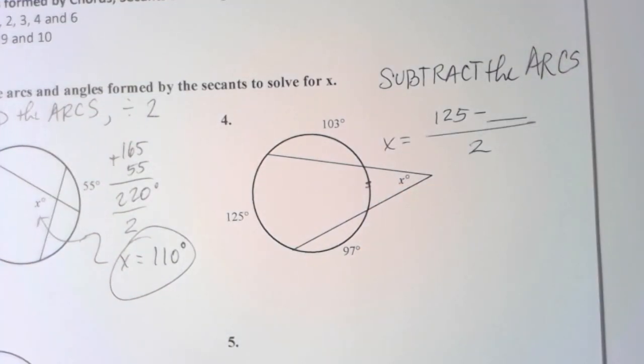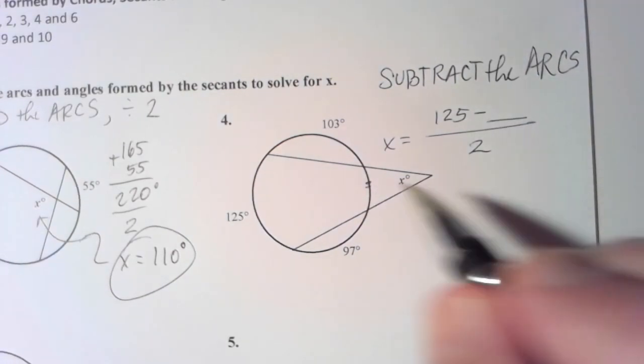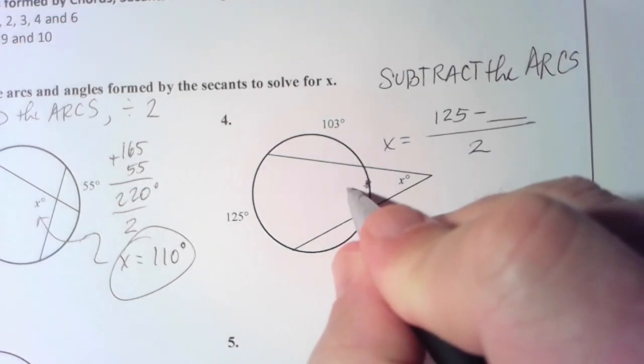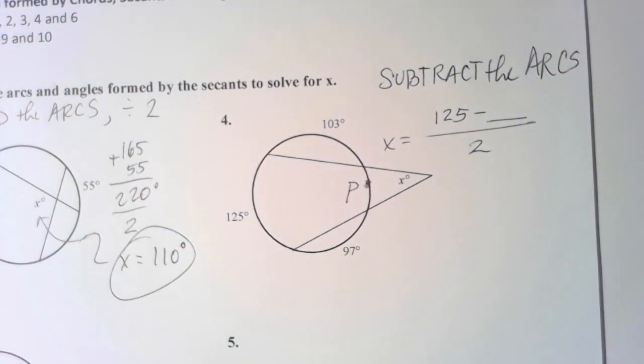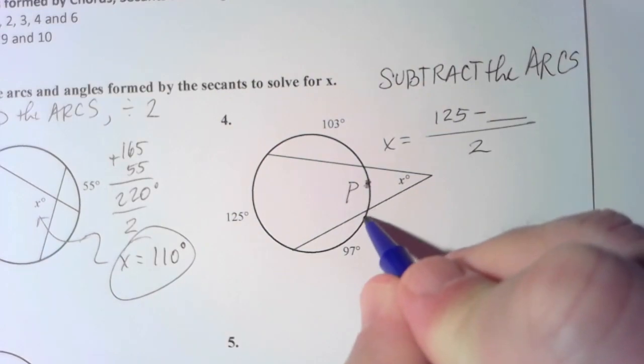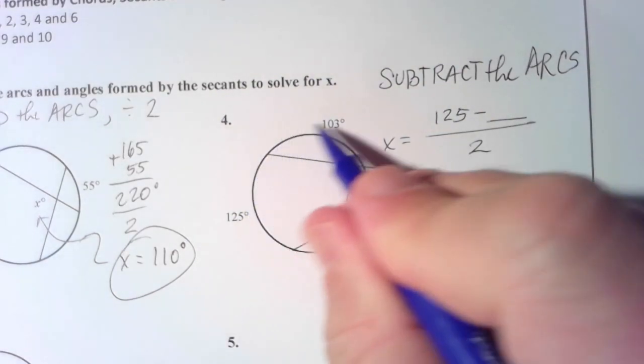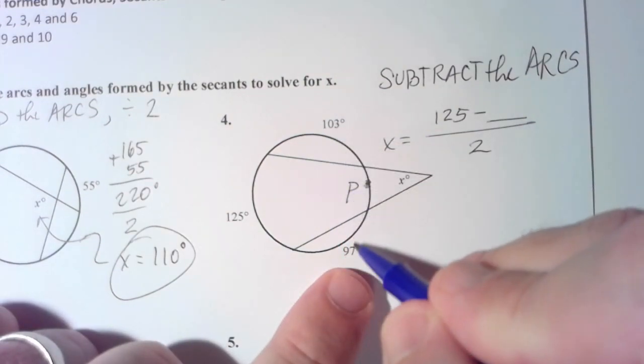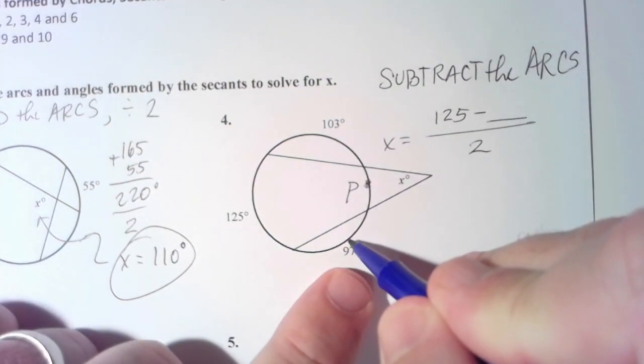But what's missing here? So this is a two-step problem. We can't solve this yet until we solve for, let's just call this P, the missing arc. Well, you do know that this is a circle, and they have conveniently given you all the other arcs. If you add these three up, these conveniently add up to 200.